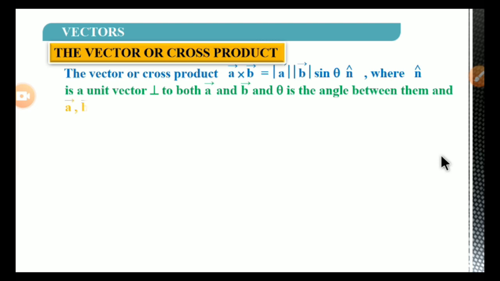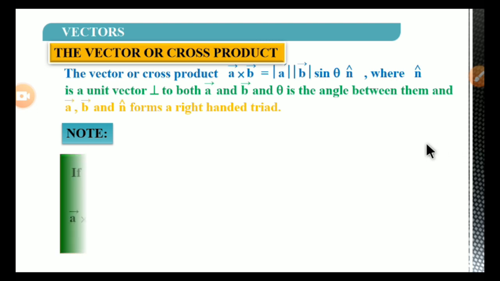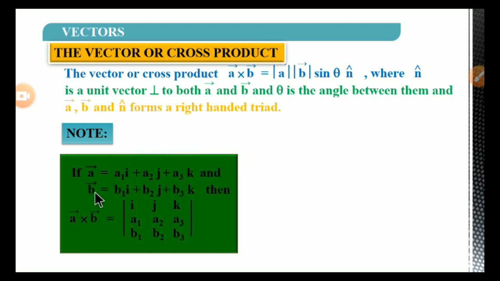Vector a, vector b and n cap form a right-handed triad. Already we have seen that right hand screw rule. So that is the right-handed triad. I already told you this important point in the previous slide.